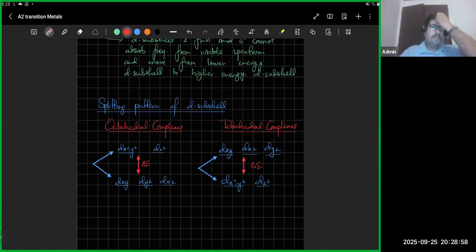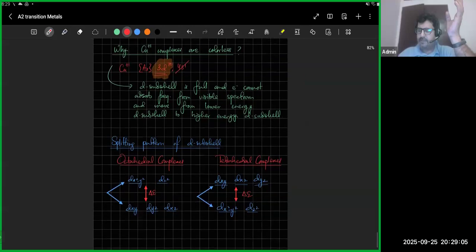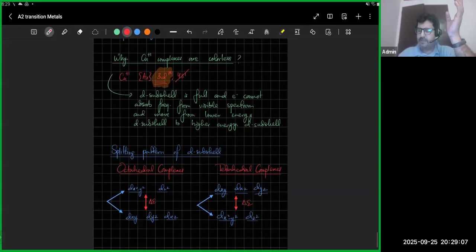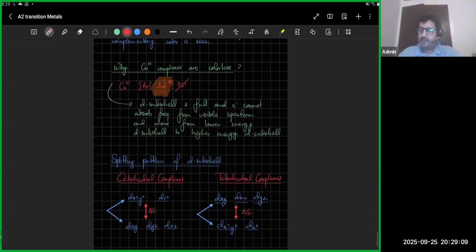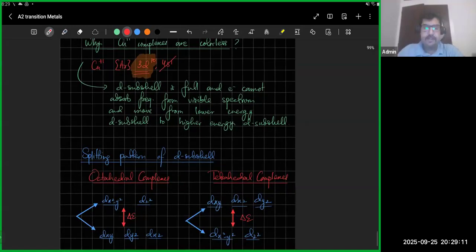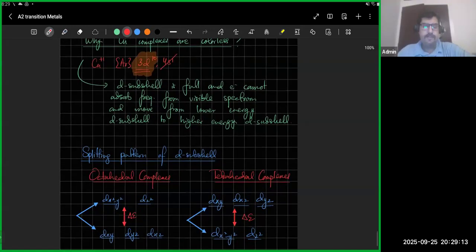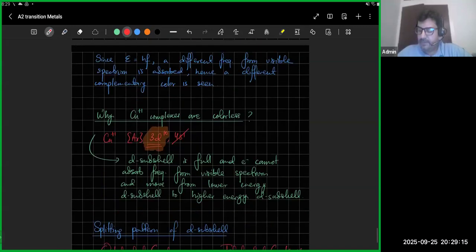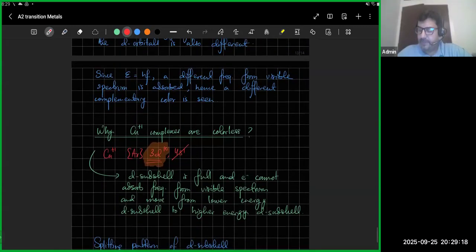Okay, now the next, so we're done with colored complexes, and there are going to be very typical questions. They'll ask you to fill this up, whether it's an octahedral or a tetrahedral. They'll ask you to draw the orbitals, which one is at a higher energy level, which one is at a lower energy level.